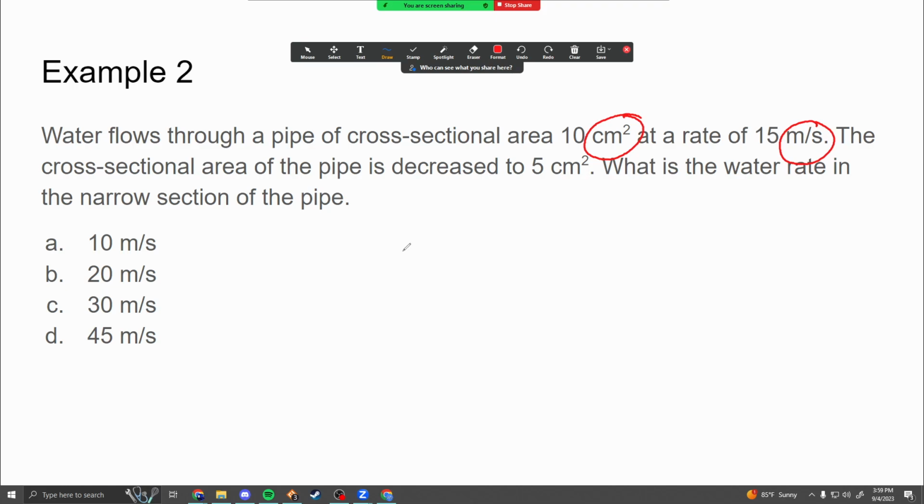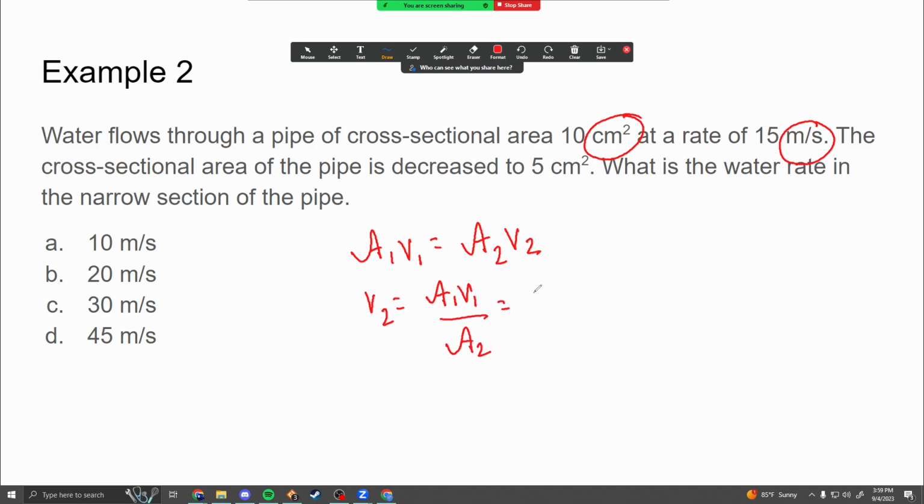What is the velocity of the water in the narrow section of the pipe? If I say A1 V1 equals A2 V2, I'm looking for V2, the second section after I've changed something. So V2 is equal to A1 V1 over A2.